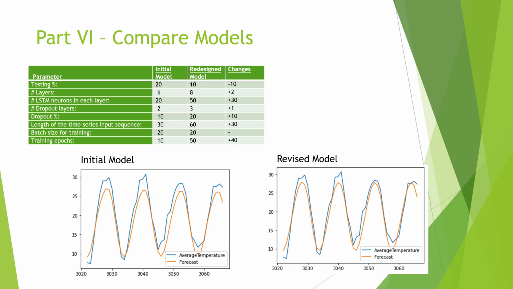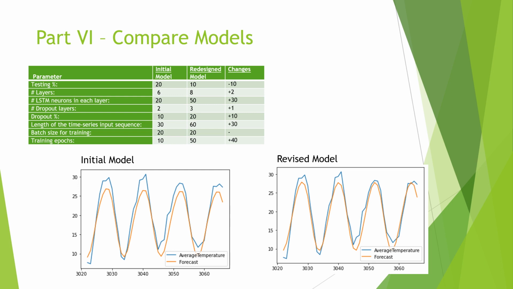On this slide, I compare the parameters of the initial model to the revised LSTM model so you can easily see what was changed. Again, I increased the number of layers, the number of LSTM neurons, the dropout percentage, the input sequence length, and also the training epochs.